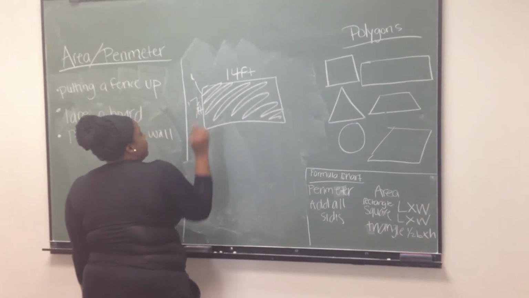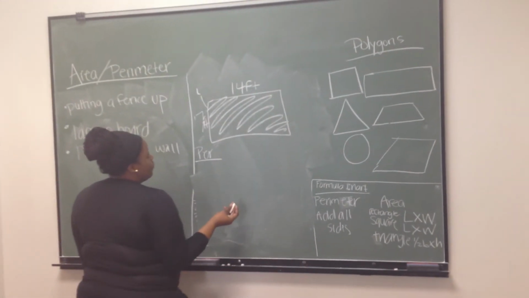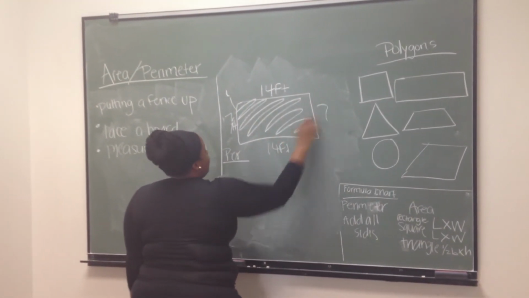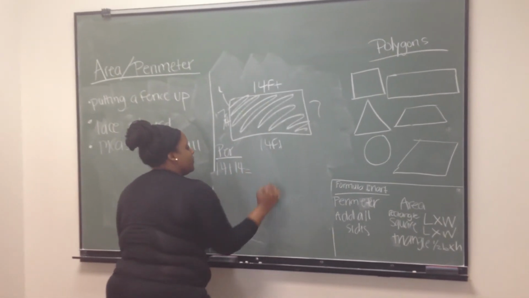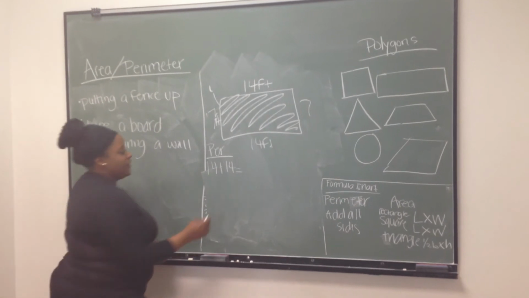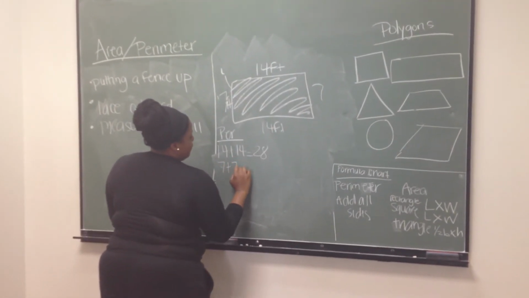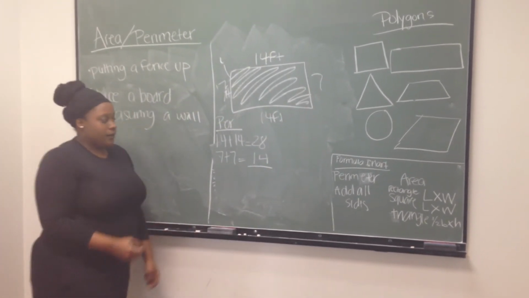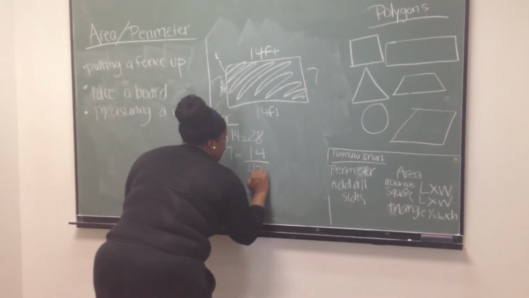Let's figure out the perimeter first. So we fill in 14 and 7. What is 14 plus 14? 28. And what's 7 plus 7? 14. And so what do we come up with for the total? 42. Good job, guys.